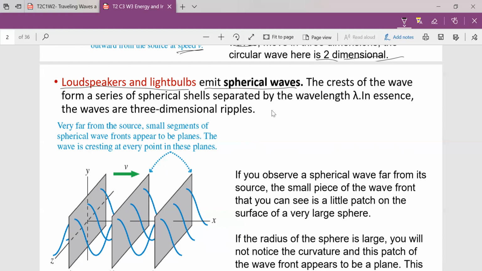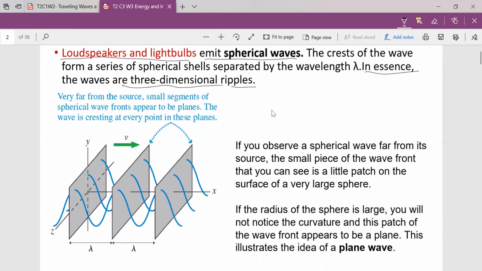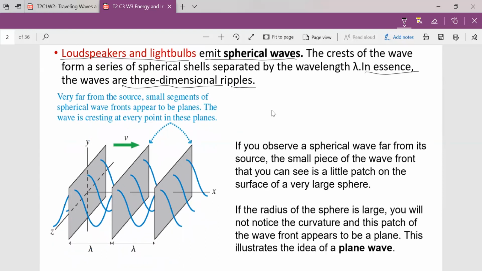The crest of the wave forms a series of spherical shells separated by the wavelength. The spherical is a little bit away from the circular shape. And in essence, we are emphasizing that it is three-dimensional ripples. Okay, so let's look at the diagram before us. At the very far end of the source, a small segment of the spherical wave also appears like a plane.